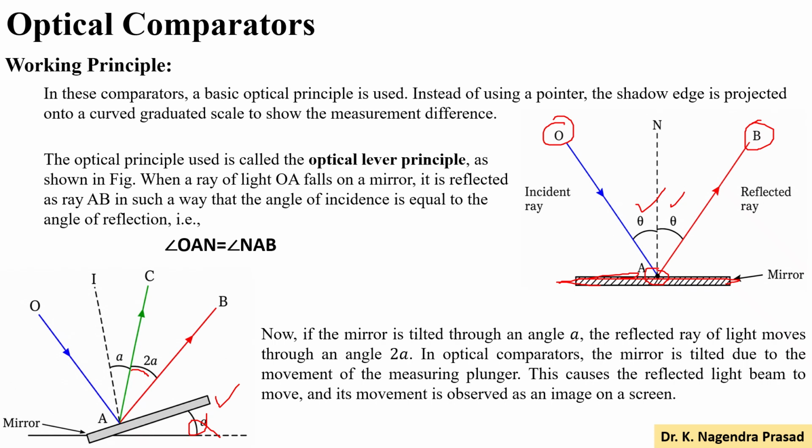In optical comparators, the mirror is tilted due to the movement of the measurement plunger. This causes the reflected light beam to move, and its movement is observed as an image on a screen. So this is the optical principle.